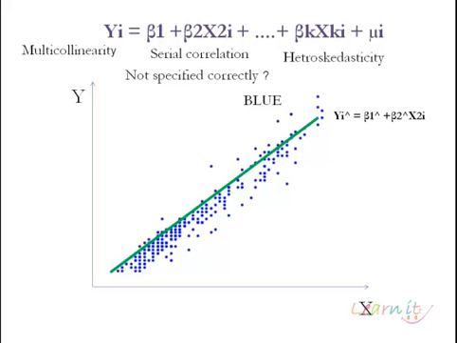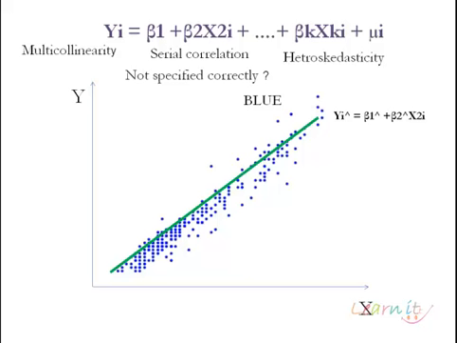How do you get the best estimate? How do you get the linear estimate? How do you get the unbiased estimate? How do you get the efficient estimate? Because all of these problems, your multicollinearity, your serial correlation, heteroscedasticity, all of them violate some of the assumptions, and hence the estimates will not be BLUE.